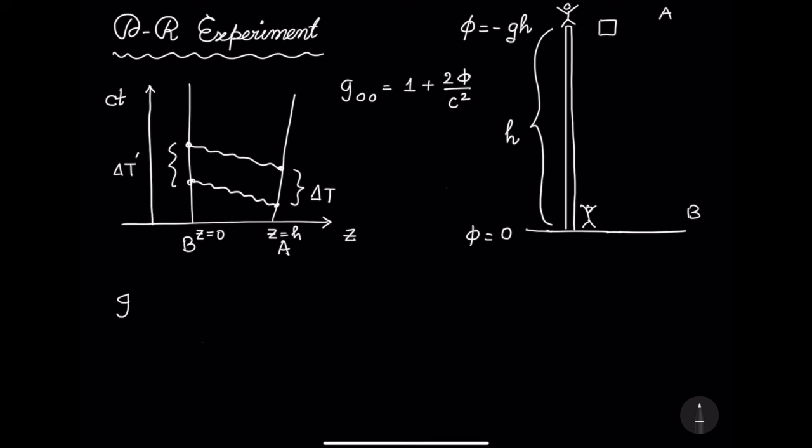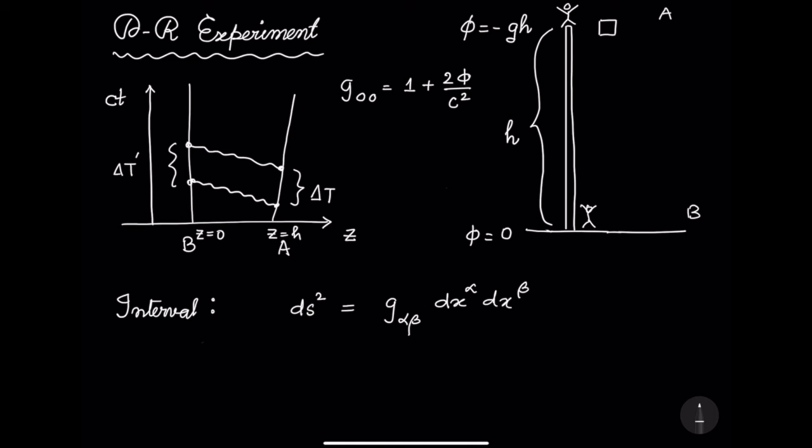We know that the interval in general is given as ds square. This is true for any coordinate system. This is the definition of the interval.